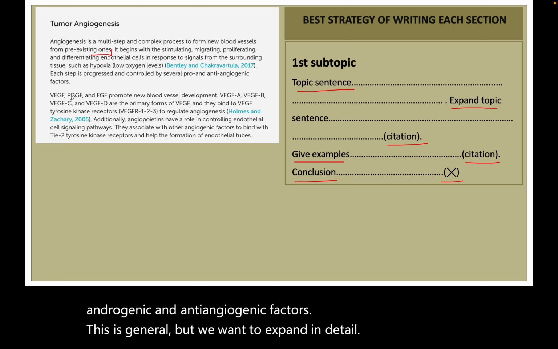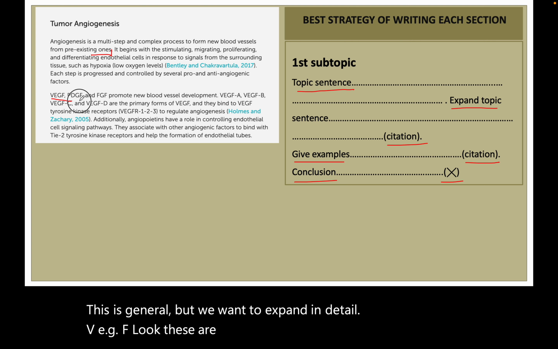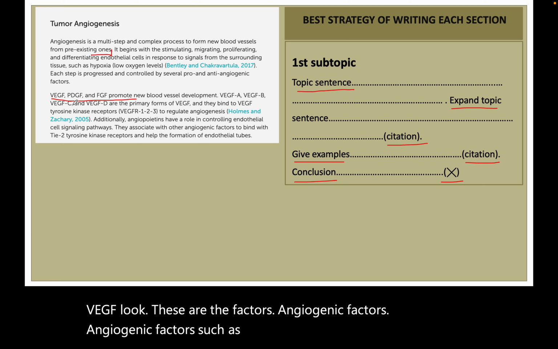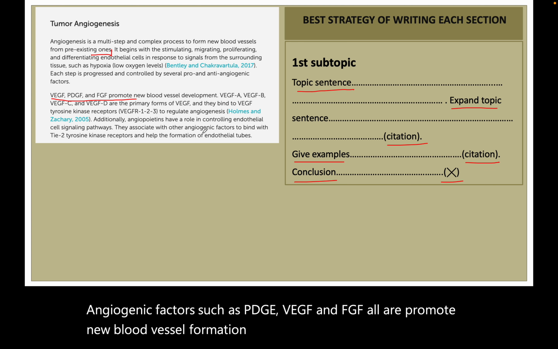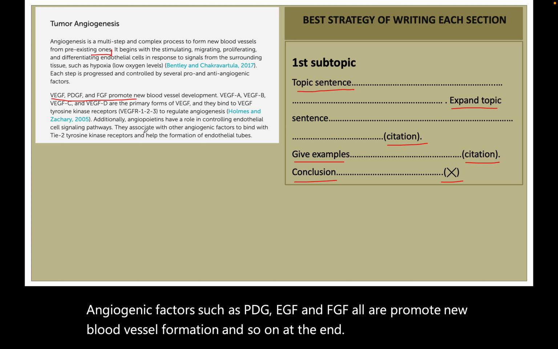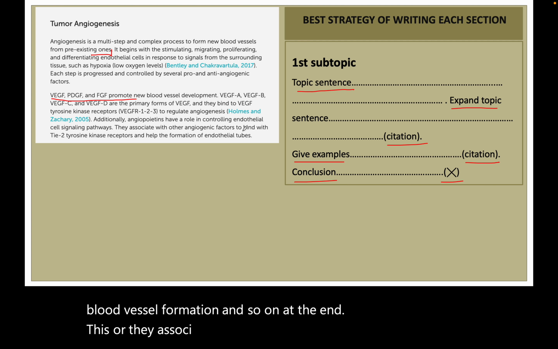Look, these are the angiogenic factors, such as PDGF, VEGF, and FGF. All of them promote new blood vessel formation, and so on. At the end, they associate with the other angiogenic factors. This is what we can call a specific section.